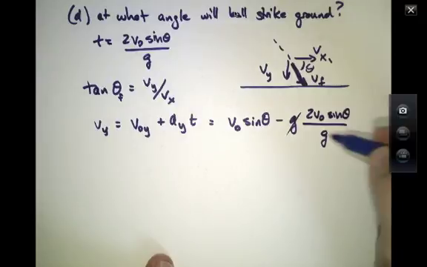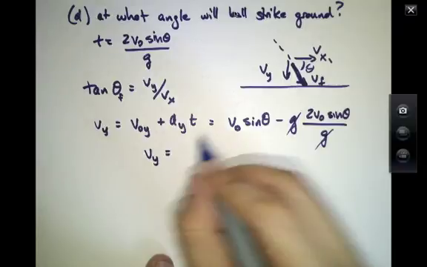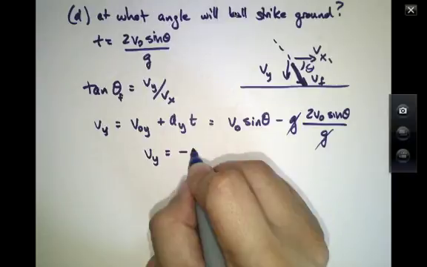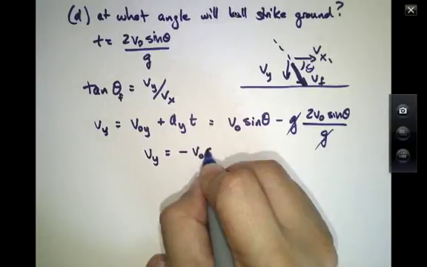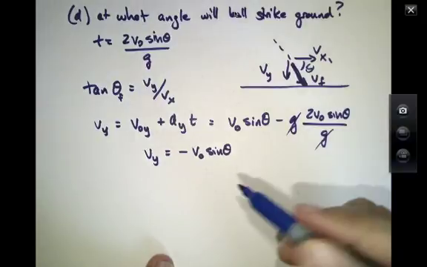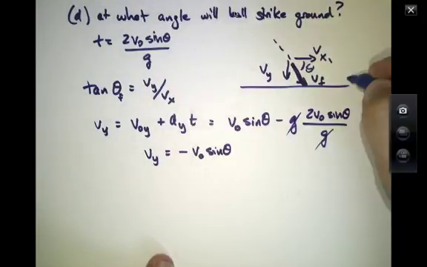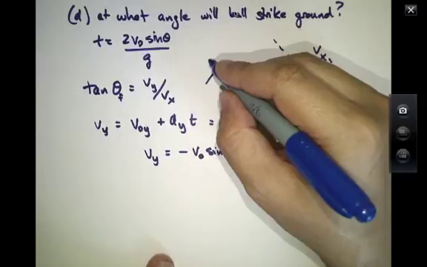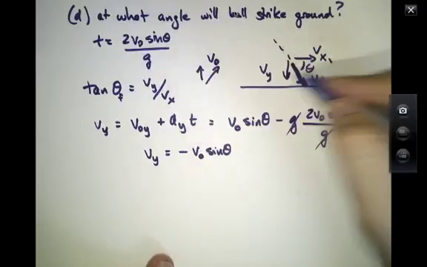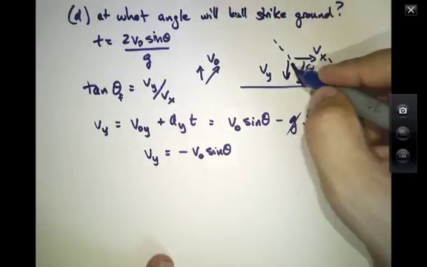Notice that this g and that g cancel one another. And I find that Vy is V naught sine theta minus 2 V naught sine theta, which is just minus V naught sine theta. Actually, that's interesting because it means that the ball was initially heading up at some speed Vy. Here's V naught, and I have a Vy component. Now it's heading down the same, at opposite Vy.